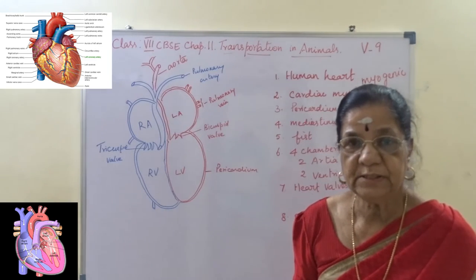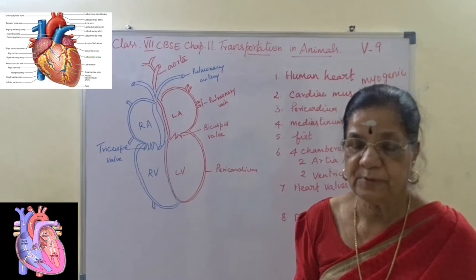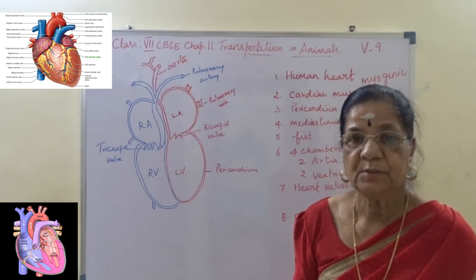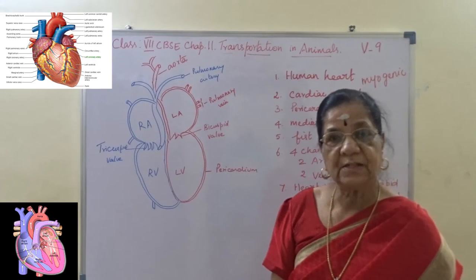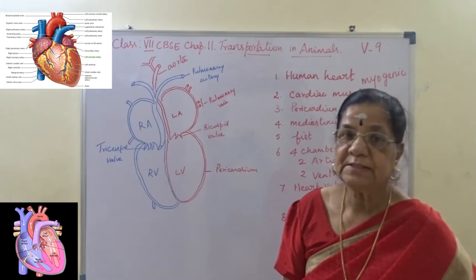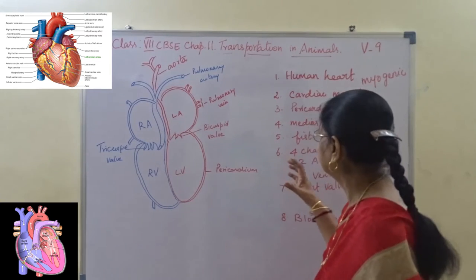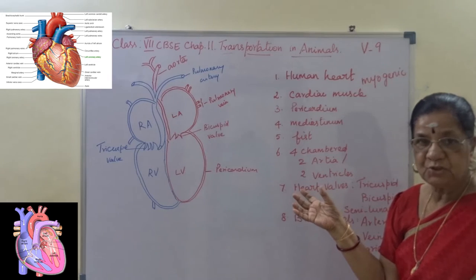The space between the two pericardial membranes is filled with pericardial fluid. I hope you are able to follow this. In the same way, the lungs are covered by pleura. So this pericardium protects as a shock absorber.